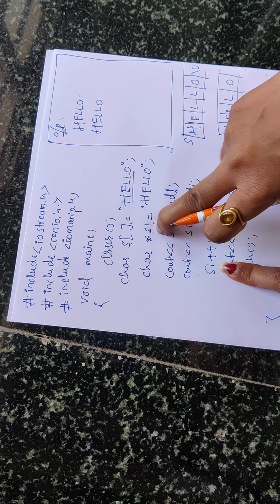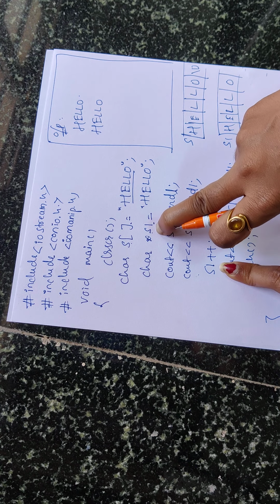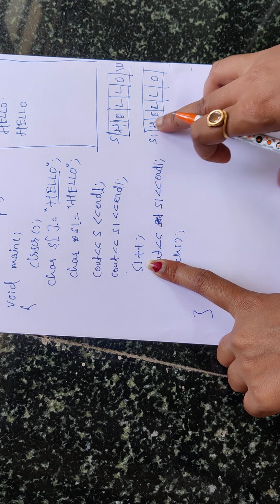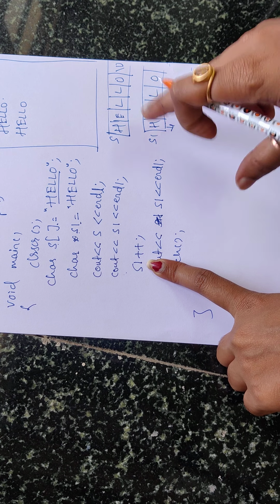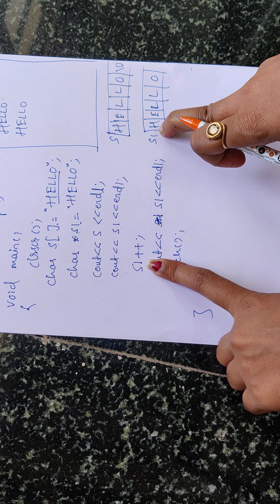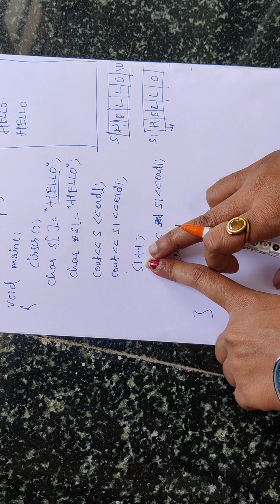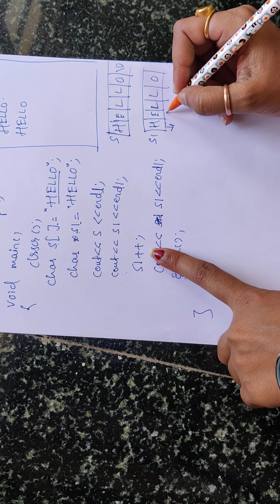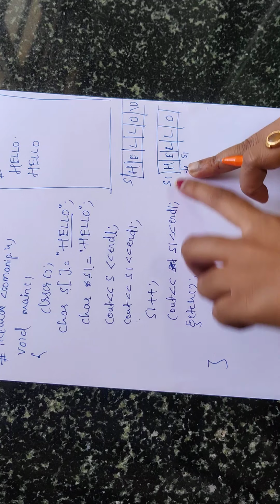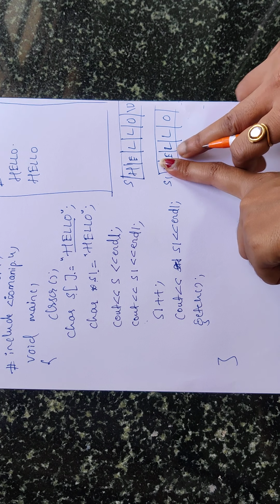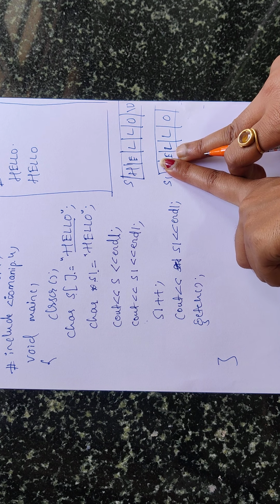When you are dealing with the pointer array, s1 always stores the address of the first location, which means it stores the address of h. Now when I say s1 plus plus, it will go to the next location. So s1 is not pointing to h now, it is pointing to e.